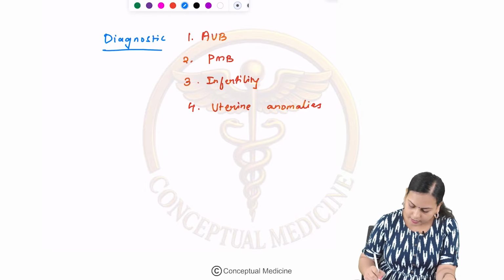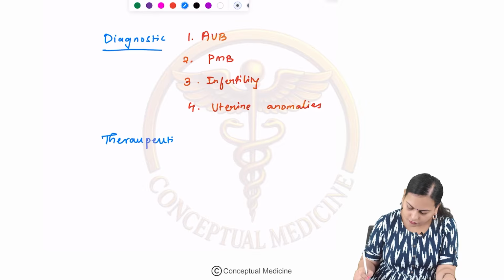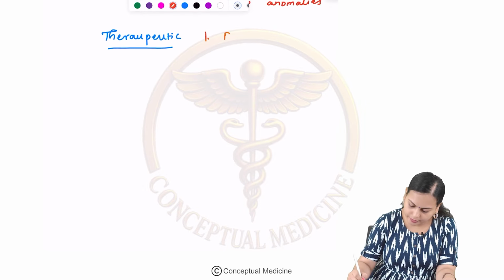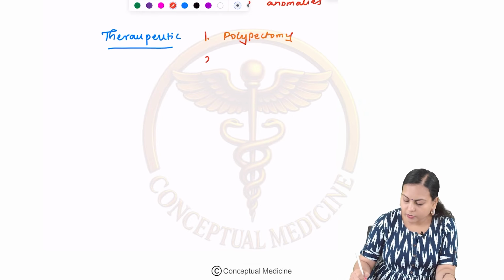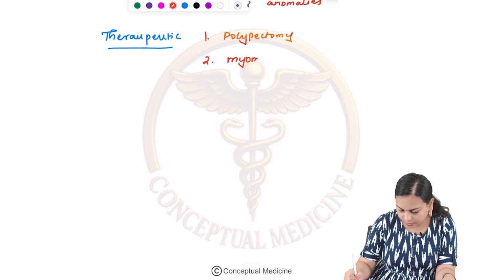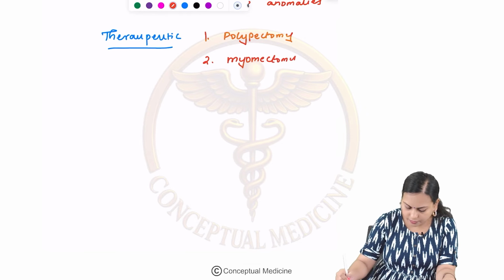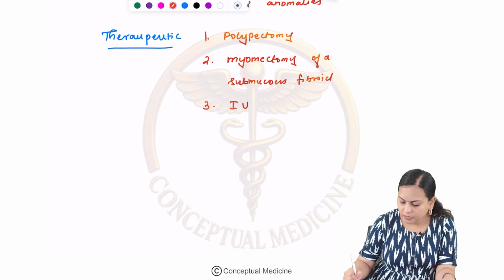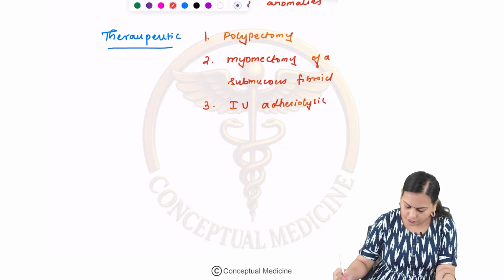Okay, and the therapeutic indications of doing a hysteroscopy include polypectomy, then you can even do myomectomy of a submucous fibroid, intrauterine adhesiolysis in case of Asherman syndrome.